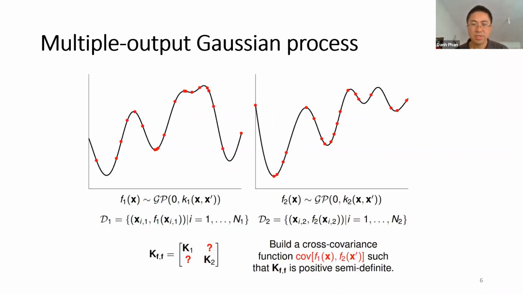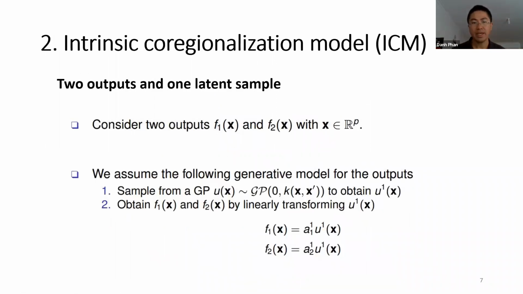The assumption is that both latent functions F1 and F2 are generated from the same kernel, or the same Gaussian process. So for the ICM model, the assumption here is K1 equals K2. So let's go through that for ICM. In this example, assume that we have two outputs and one latent sample.